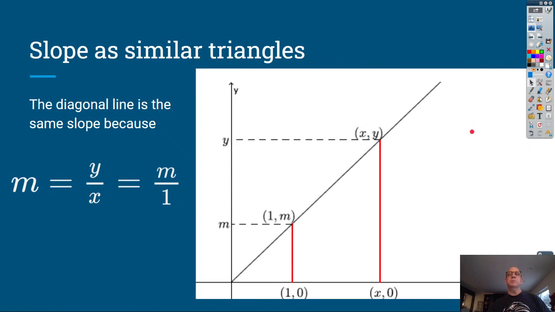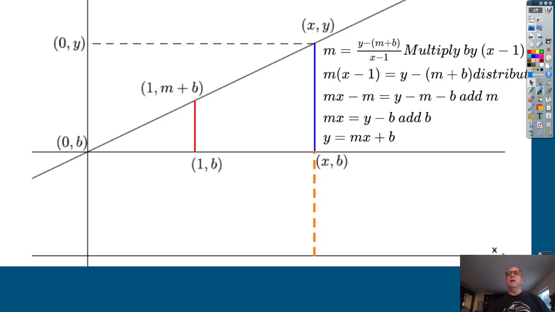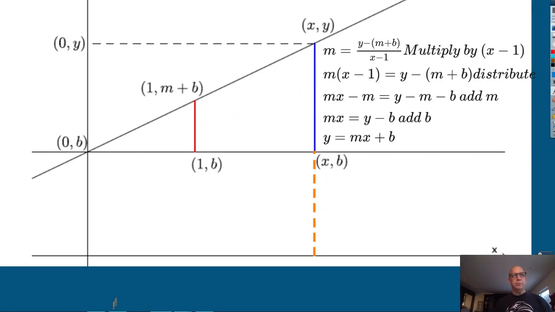All right. So that's all fine and dandy for proportional relationships. What happens if we have a non-proportional relationship, but it still has a straight line? So this is the origin down here. So this is not a proportional relationship because it starts at 0, b. Okay. So let's find the slope. Remember our slope equation, y2 minus y1 over x2 minus x1.